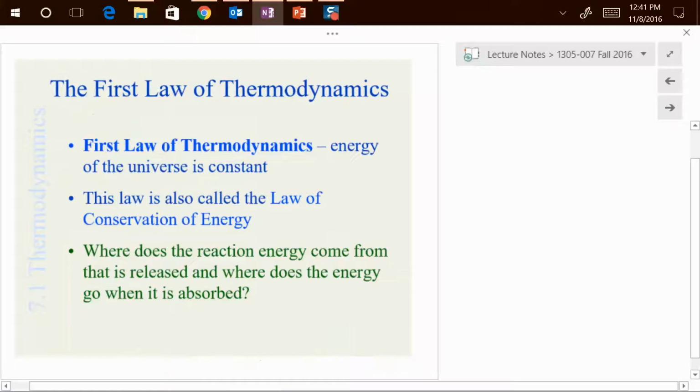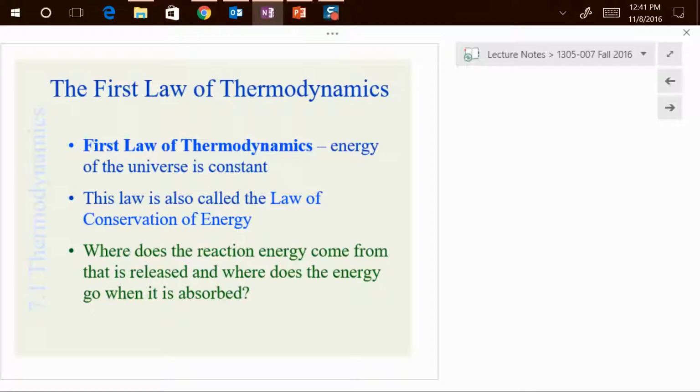Okay? So the first law of thermodynamics is that energy in the universe is conserved. That's where this whole concept of if you lose 5, I gain 5 comes from. Okay? We don't create energy. We don't destroy it. It just gets transferred around. Right?